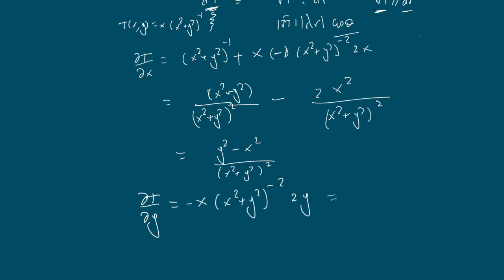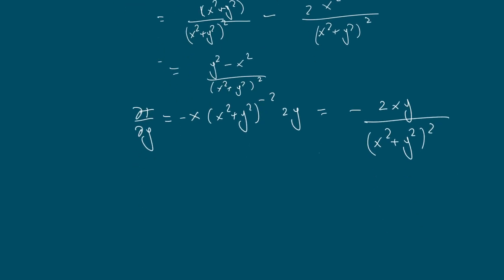So it will be minus 2xy divided by (x squared plus y squared) squared. So what is the gradient of T? If you're sitting at the point (4, 3), the direction in which the temperature will increase the maximum will be in the direction of the gradient of T.